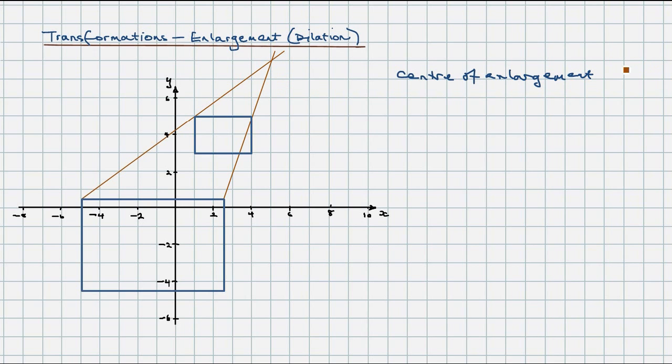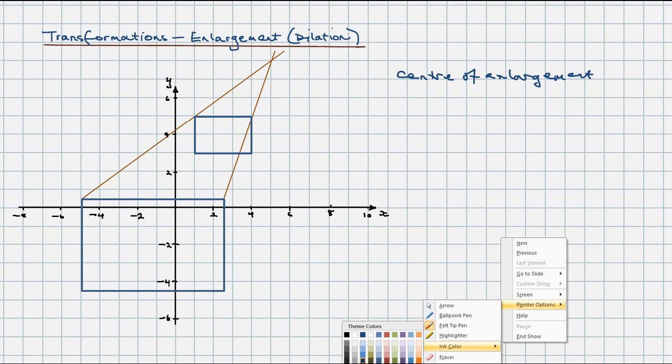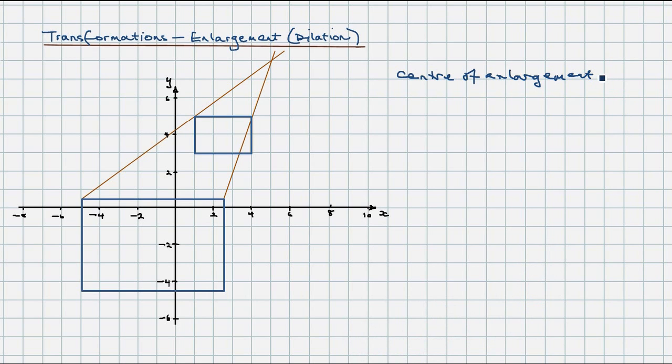So we think that our centre of enlargement has got to be, let's write it in now, at the coordinates 5, 8. But I'm just going to check that, and I can check it by picking another vertex.